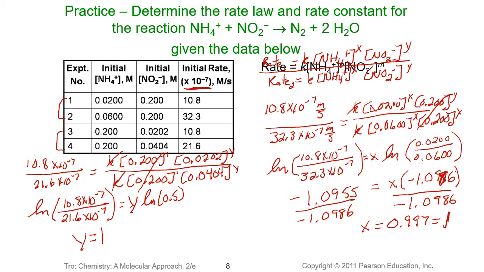Now to find k, we're going to plug it into our equation and solve for k. So we'll go with the first reaction. We'll divide by our concentrations.